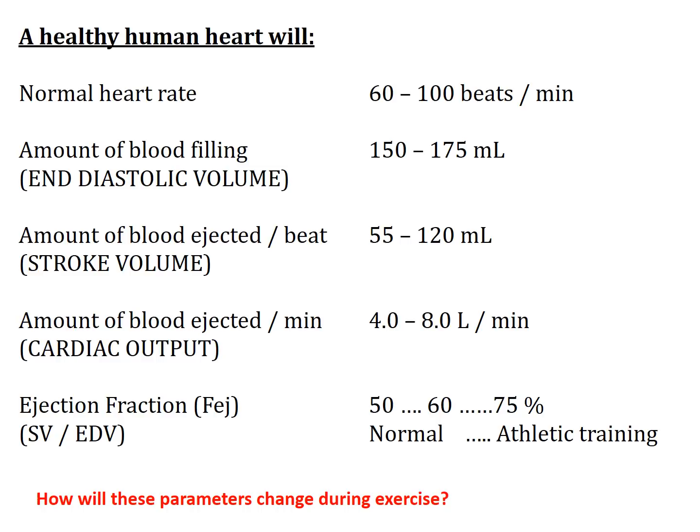So again, during exercise, these parameters are going to change. Increase your heart rate, increase the filling of the ventricle, and increase the amount of blood ejected out of the ventricle, increasing the stroke volume and thus increasing the amount of cardiac output.